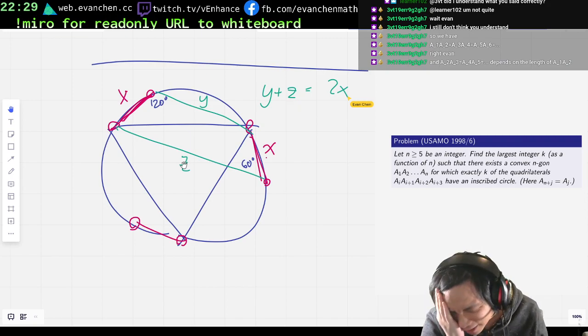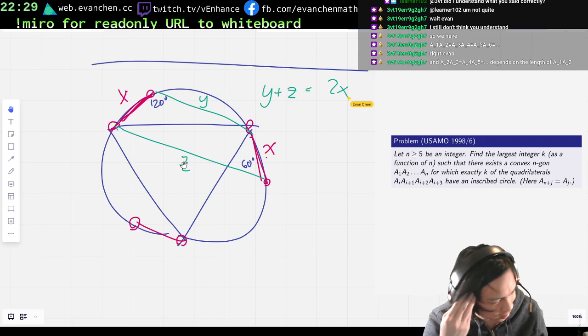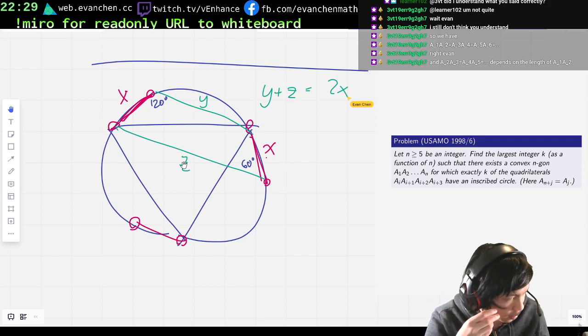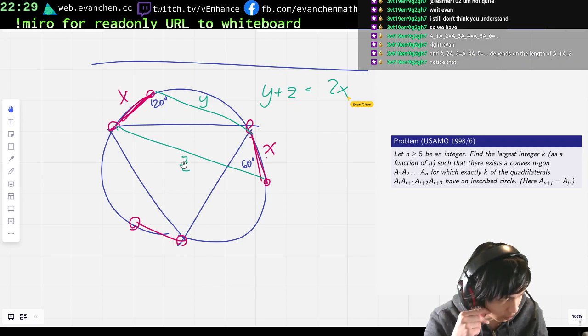There is something to do here, right? It's not just going to work, right? Depends on the length. Okay, okay.